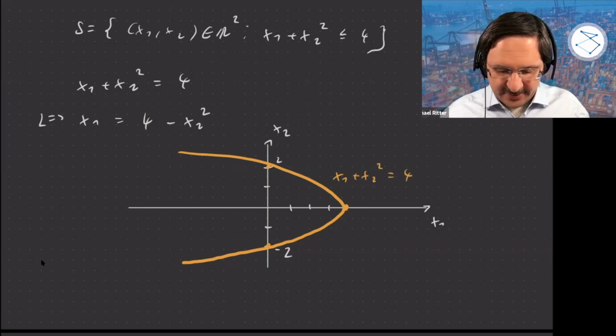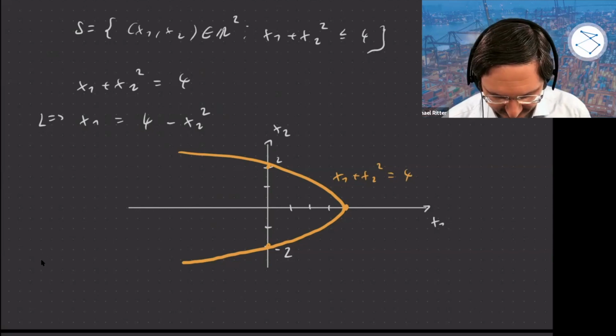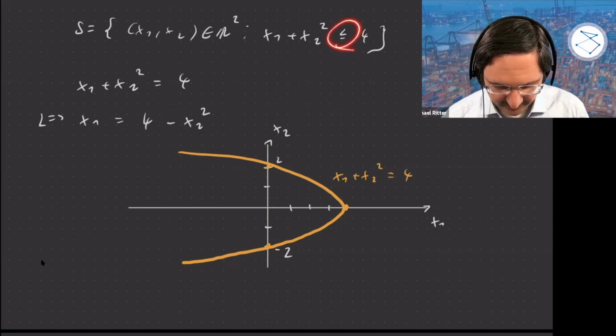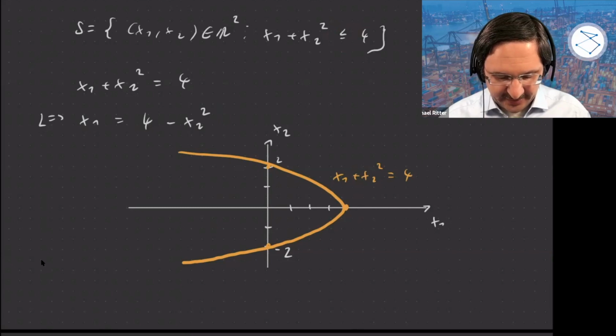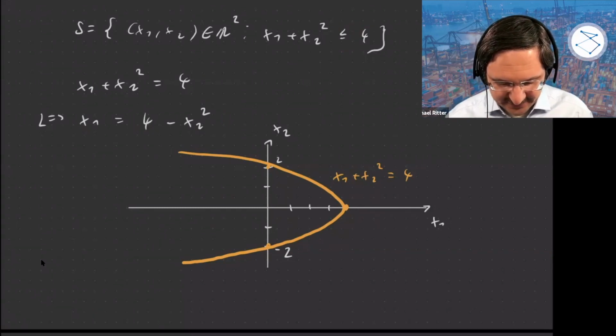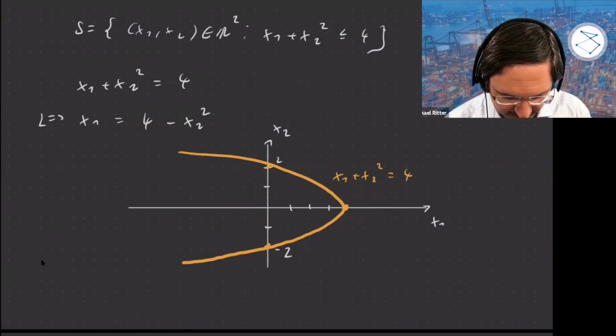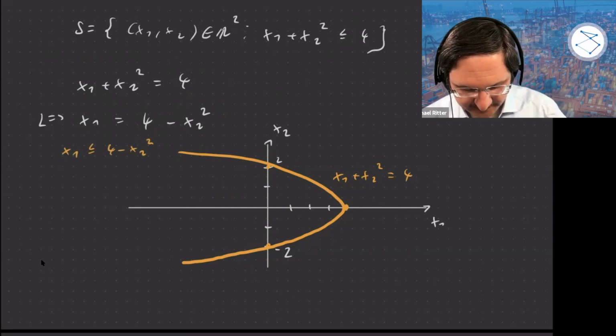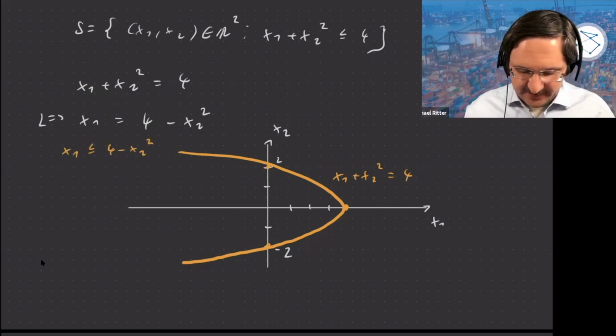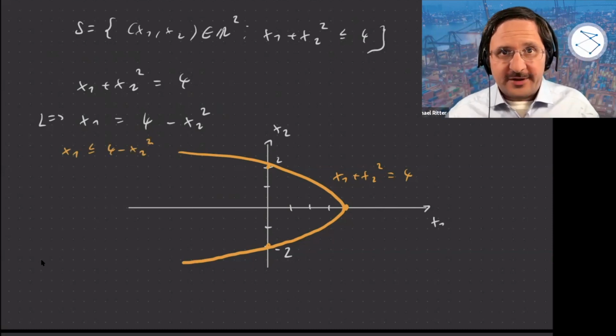So now what about the inequality that we have here? Again, if we solve for this with the inequality, we get something like x1 is less or equal to 4 minus x2 squared. That is the parabola.